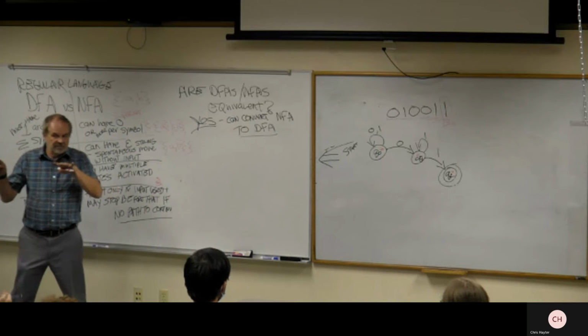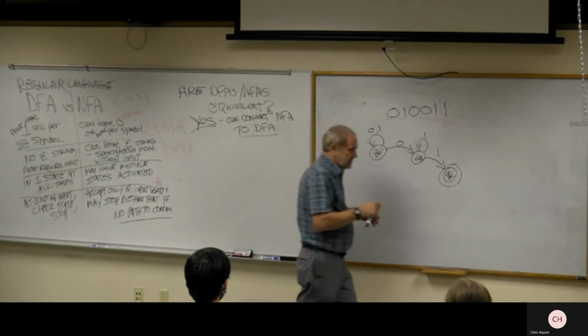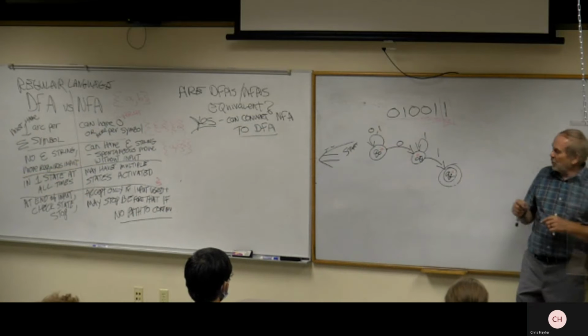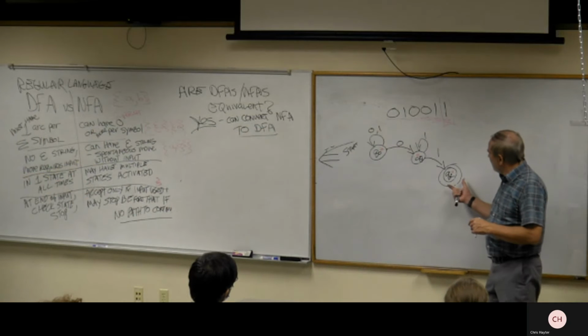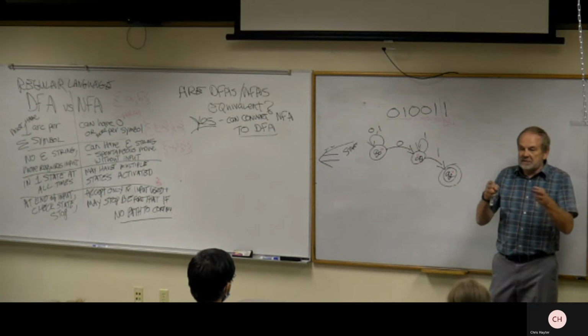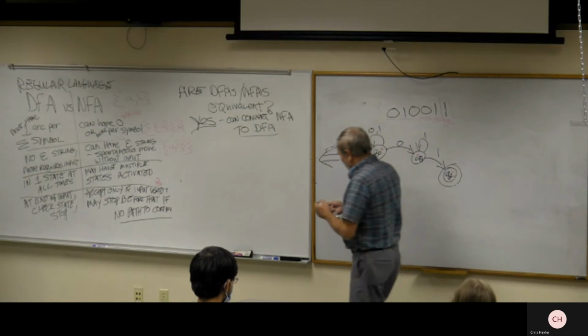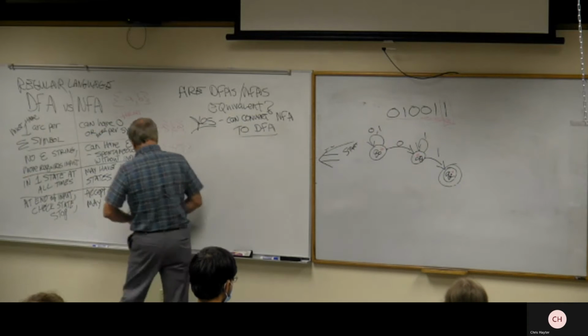So there's a purpose for going through and showing the activation, because you could see the different states could be activated at the same time, and that's what we have to build here.